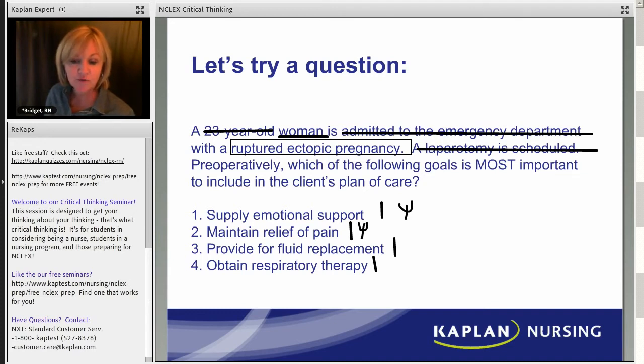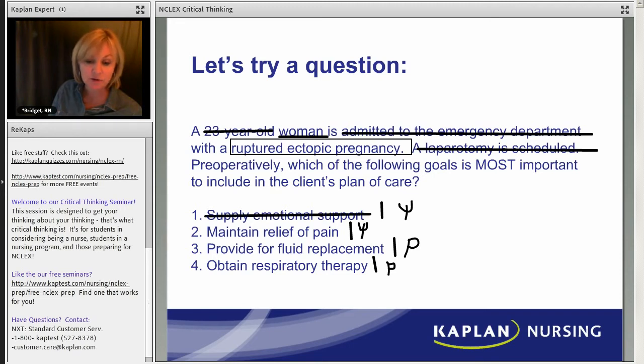Psychosocial. Provide fluid replacement. Physical or psychosocial? It is physical. So you see me make a P there for physical. It's physical because it would help them physically. And number 4 is obtain respiratory therapy, and that is physical also. All right, so as we go through this, I can eliminate anything that is psychosocial.